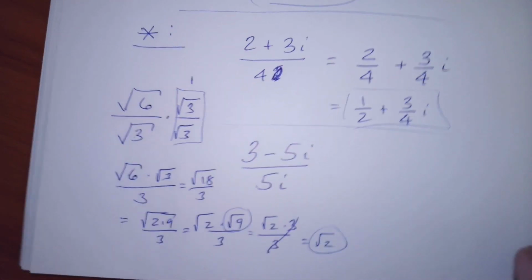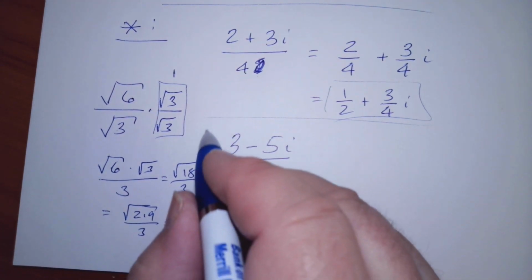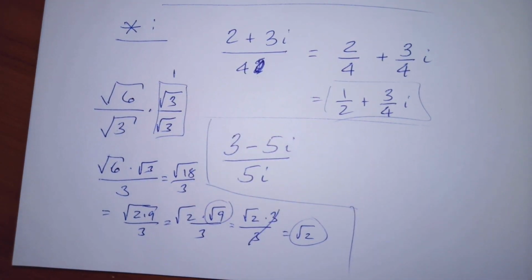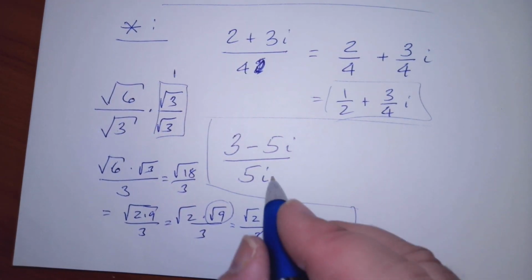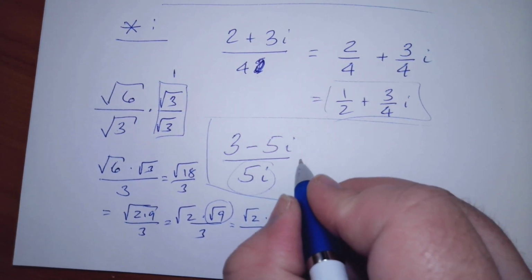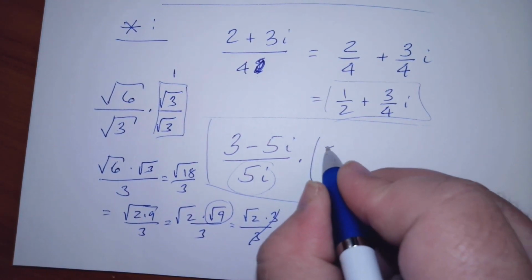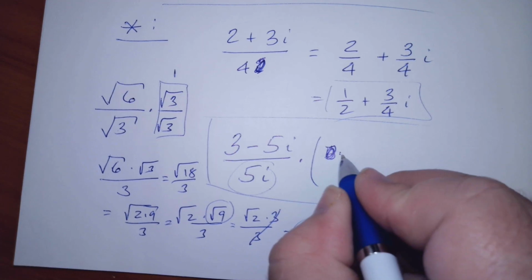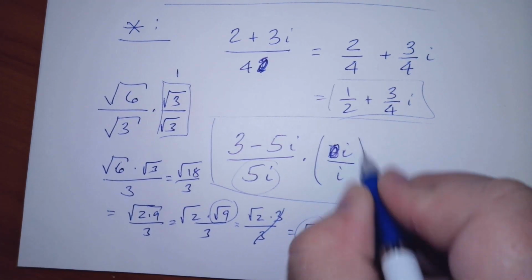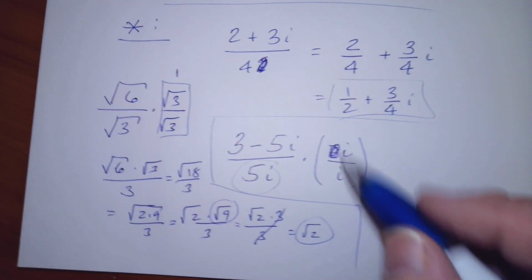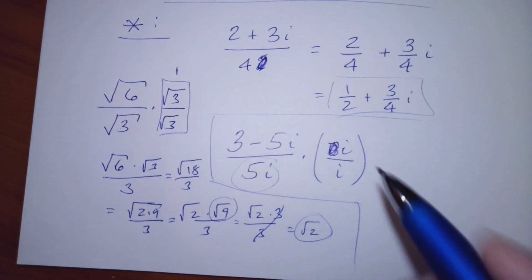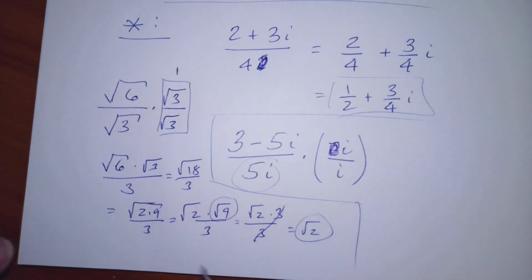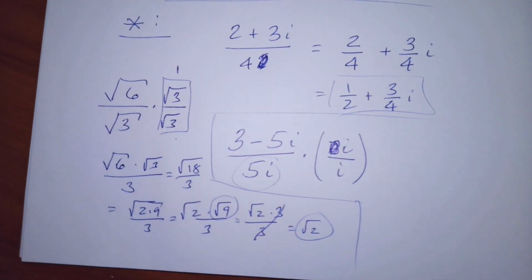So we have to do something similar to that with imaginary numbers. Whenever you have an i on the bottom, we have to multiply the top and bottom. We just multiply by i. Like these 3's cancel, eventually those 5's will cancel.